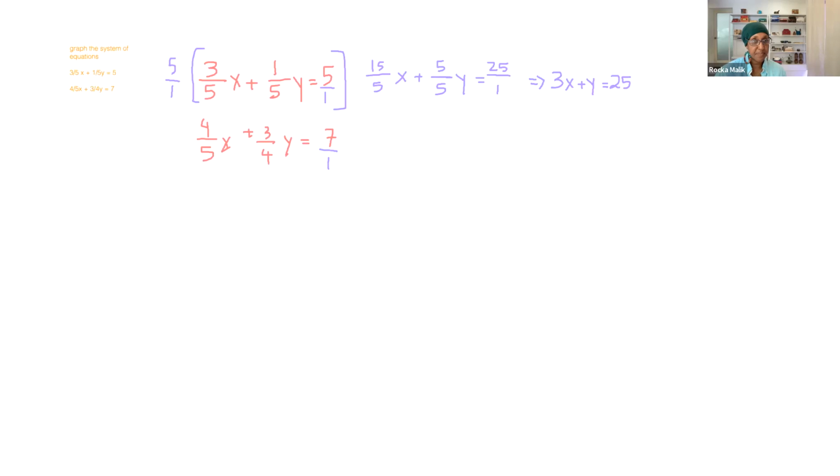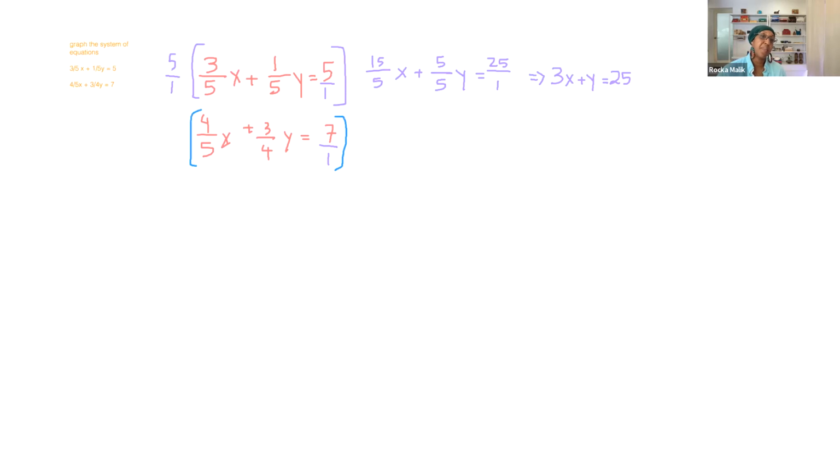This one, I'm going to look for a number that works for 5 and works for 4. What is that number going to be? Oh, it's a nice blue. A number that 5 can go into and 4 can also go into, the same number, 20. So I'm going to multiply the whole thing by 20 over 1.